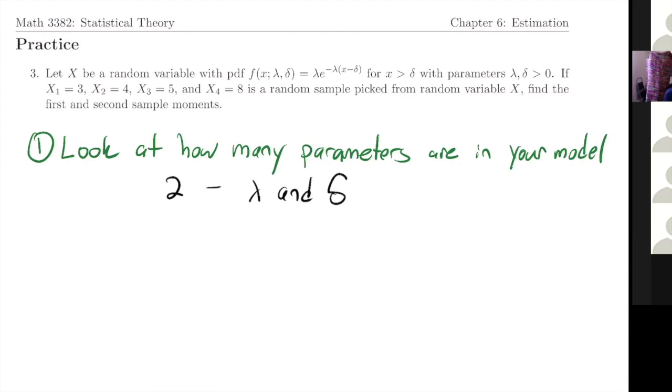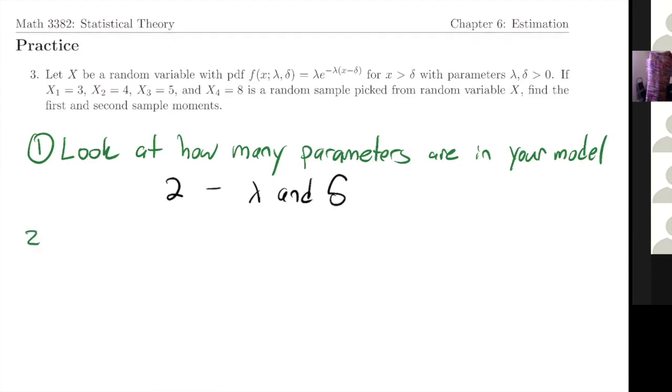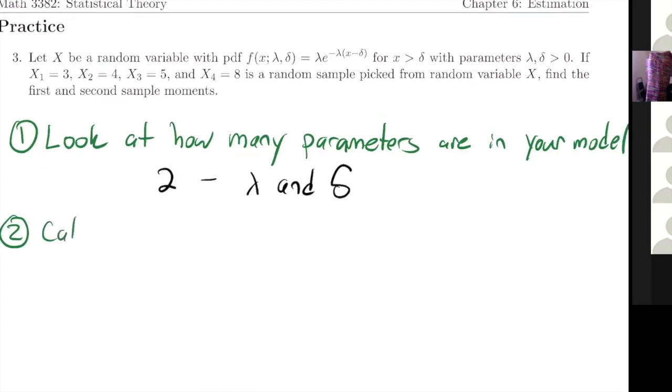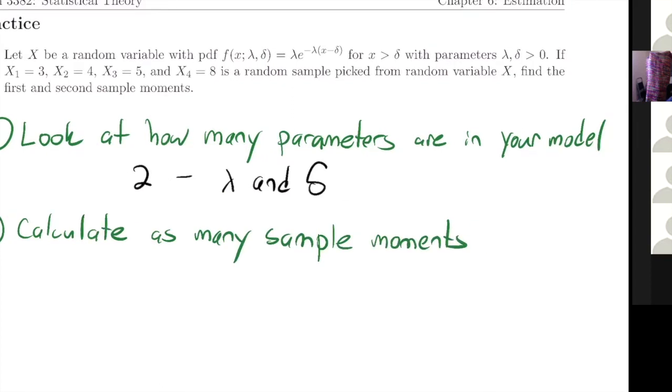Okay, we have 2 parameters, lambda and delta. Then we're going to calculate as many sample moments as parameters.